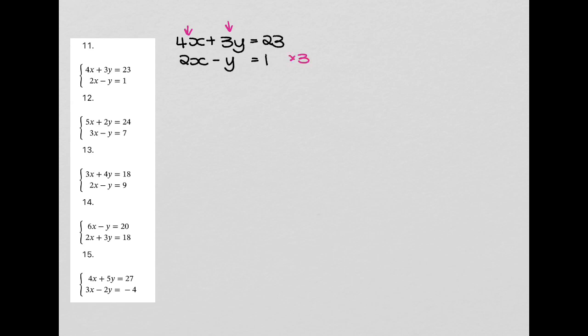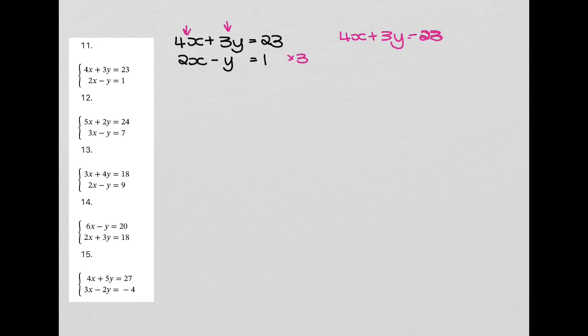So the top equation stays 4x plus 3y equals 23. The bottom equation, I'm multiplying by 3, so I get 6x minus 3y equals 3.